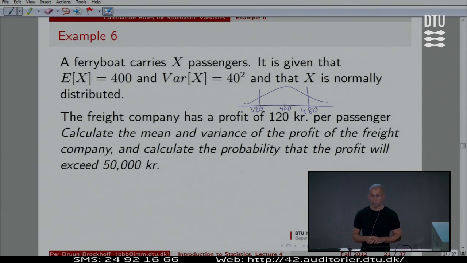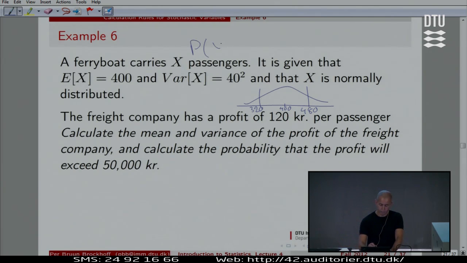So, here's another question related to money. The company earns 120 Danish kroner per passenger. Calculate the mean and the variance of the profit, and calculate the chance that the profit will exceed 50K for a trip. On the other hand, how often will the profit go beyond 50,000 on a trip?